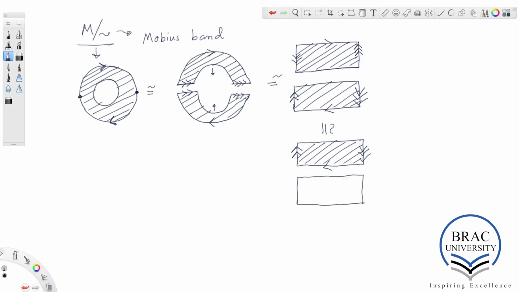Becomes the bottom rectangle. So the bottom rectangle is oriented this way. Okay, so let me write it here. Swapping the top rectangle with the bottom rectangle.